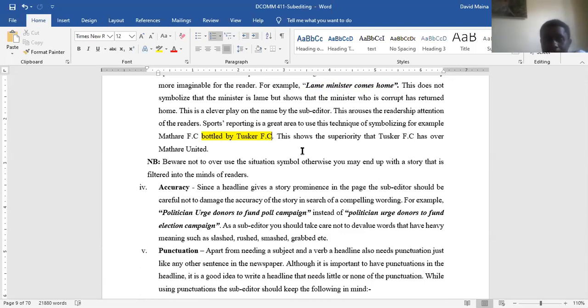Yeah, also you can put it the other way around. Tusker FC, we can actually put it Tusker FC. Can you put it the other way around? Explaining, it is not making sense, eh? No, the way you're explaining, you've explained the other way. Tusker were the ones who won. No, I don't think so.